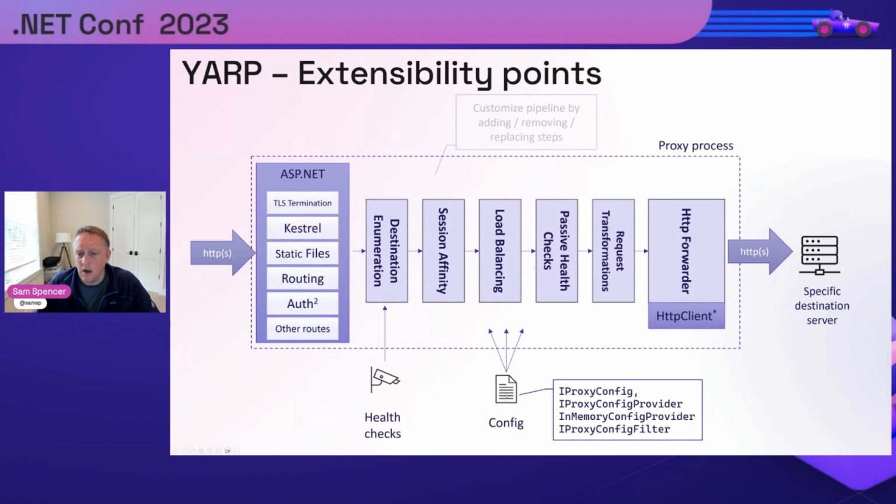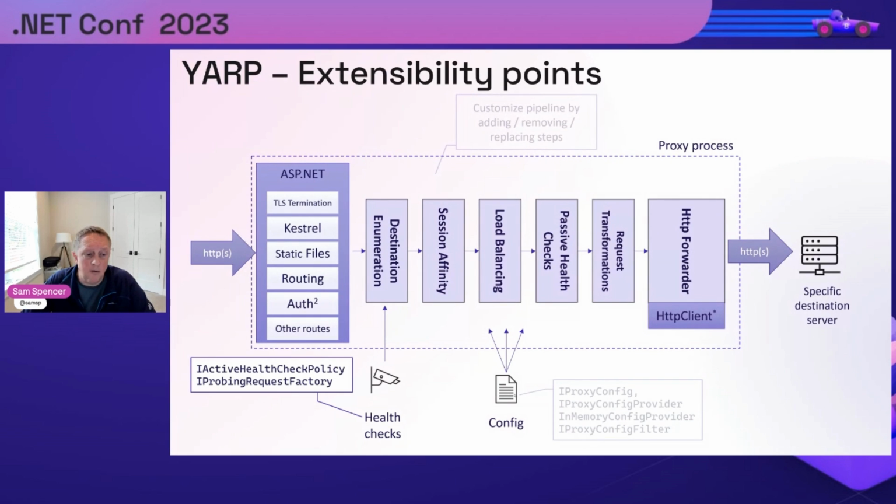For configuration, Ben will demo this in a minute, but he showed coming from a proxy config file. Instead, we have a config provider model. So if you're something like App Service where you need to be fully dynamic, rather than loading data from a config file, you can talk to a backend server, pull in that information, build up the structure in memory, and then hand that to YARP.